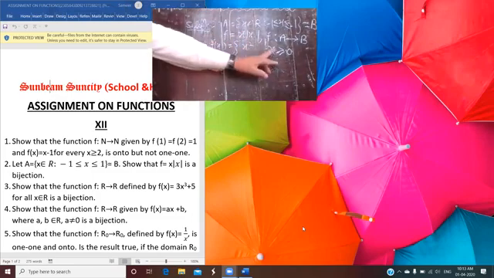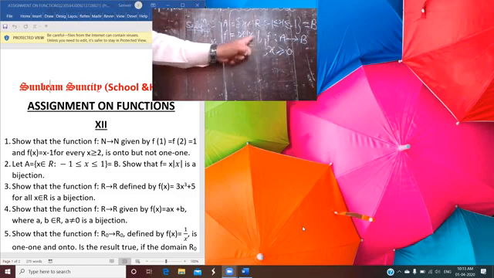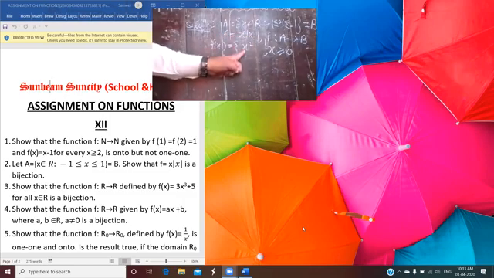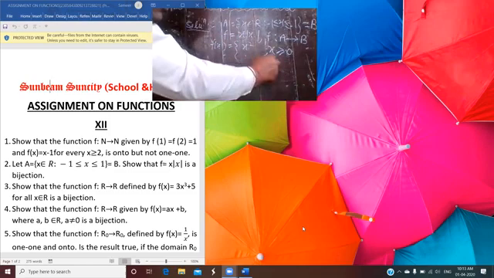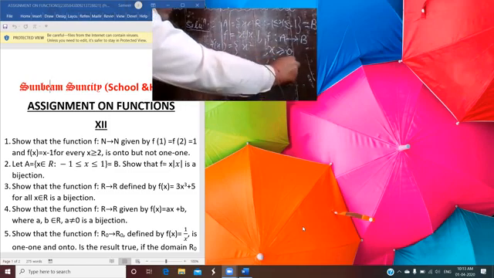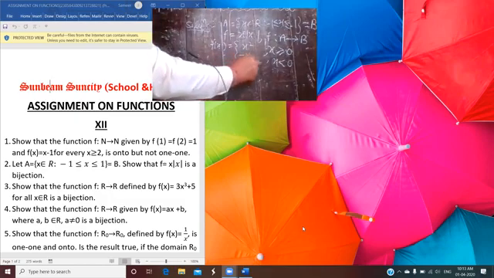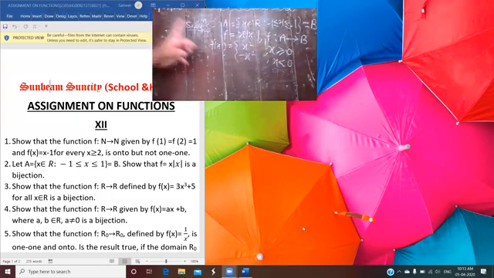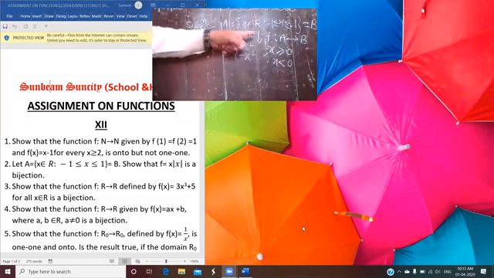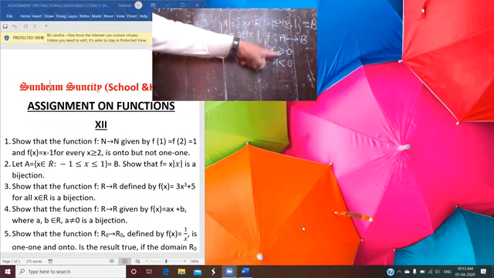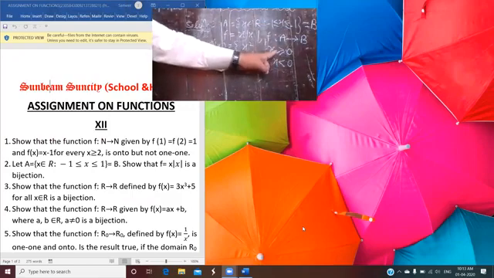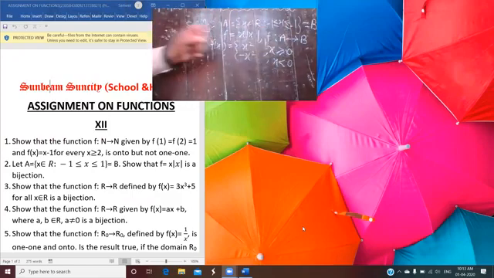If x is greater or equal to 0, you know mod of x is equal to x. So x into x gives x square. Now come to the second point. If x is less than 0, its value is minus x square. But here there is a condition also: x is greater than minus 1 as per the given domain.